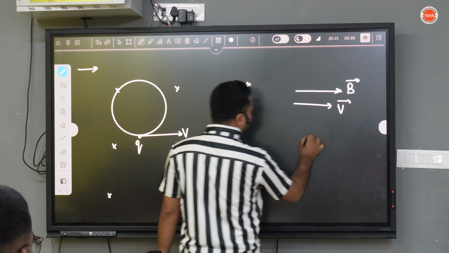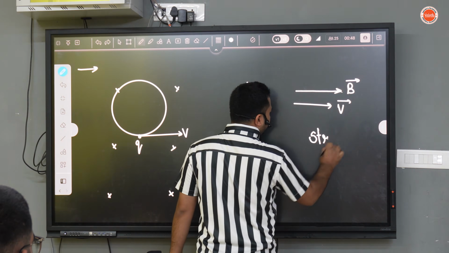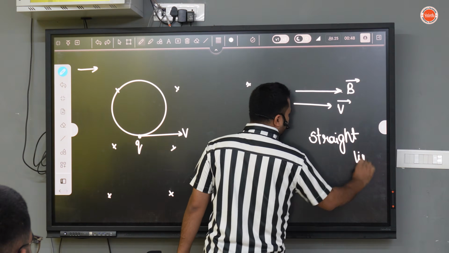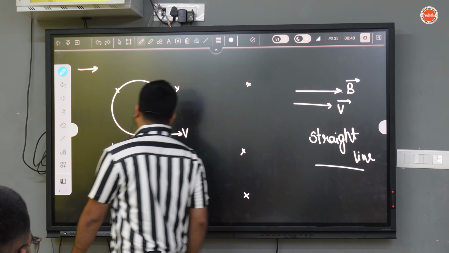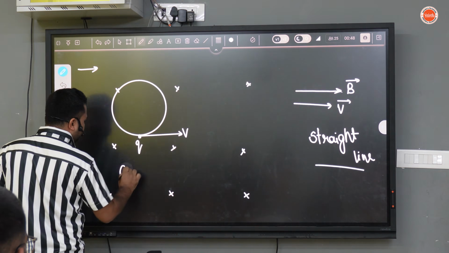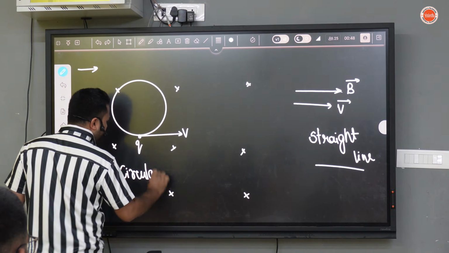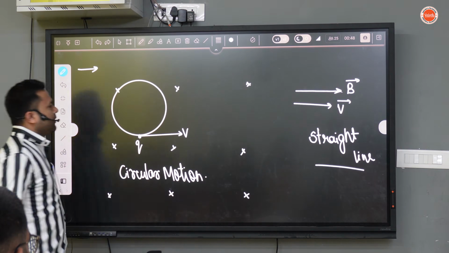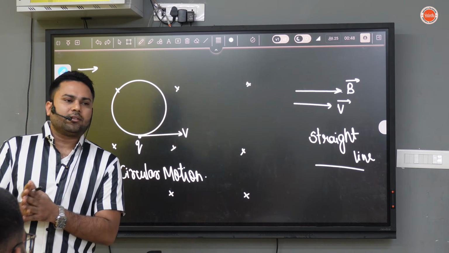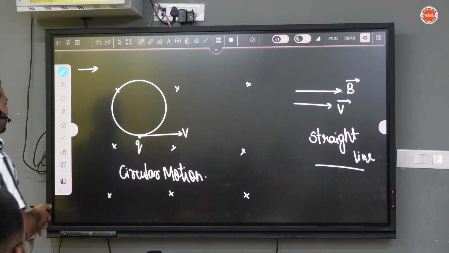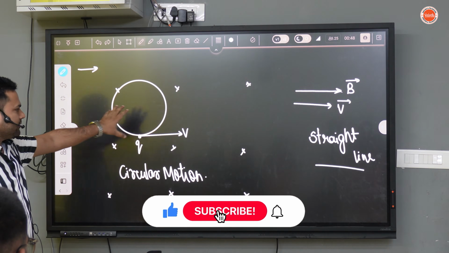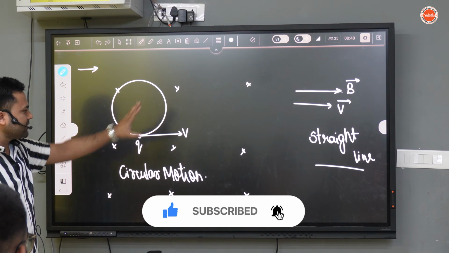So here straight line motion, and here we have circular motion. Now if I mix these two cases, already you have studied. Okay, you have already written, no need to write, already we have studied.